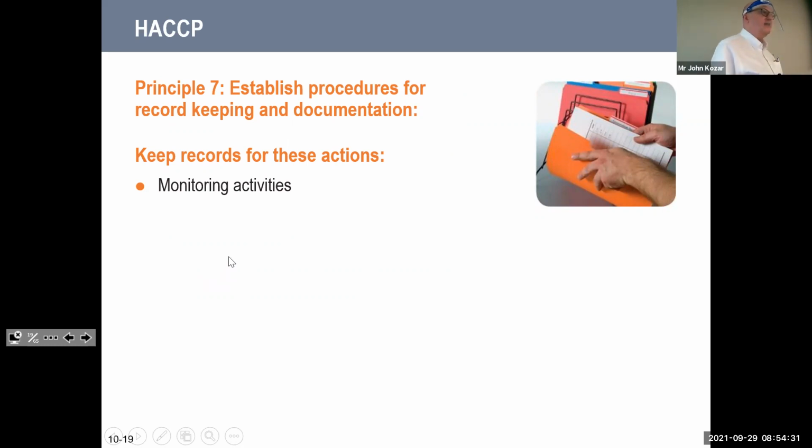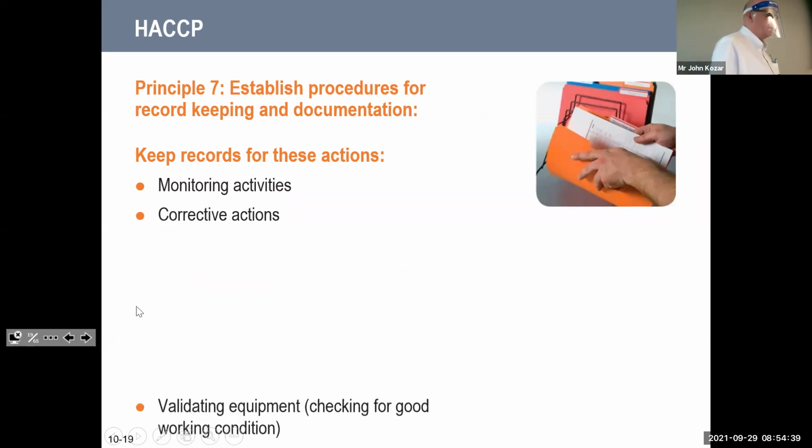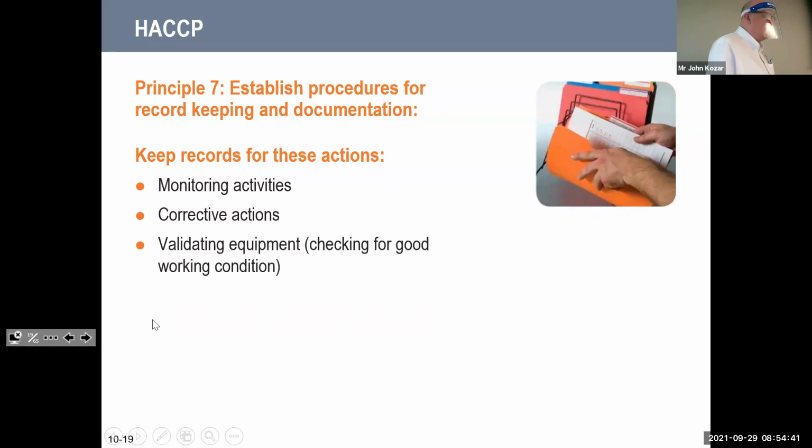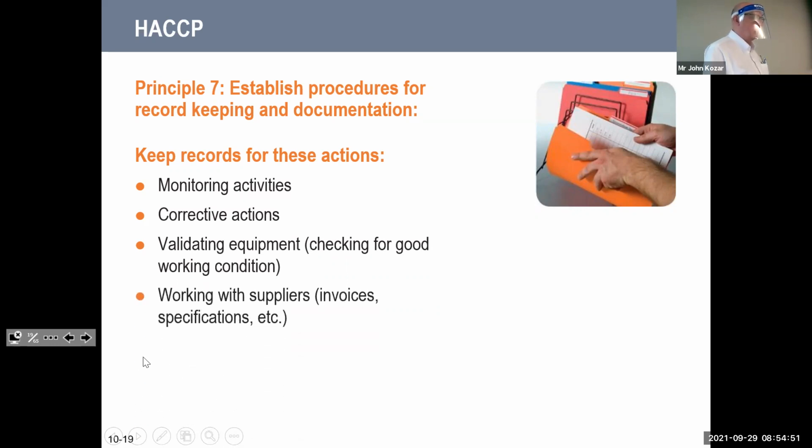So in this case, taking the temperatures, corrective actions whenever we had to put chicken back on the grill, validating equipment, making sure that our thermometers are accurate, making sure that our grill temperature is accurate, working with our suppliers, making sure that we continue to get in the same quality of supply that we had specified. So all of these things we keep folders on.